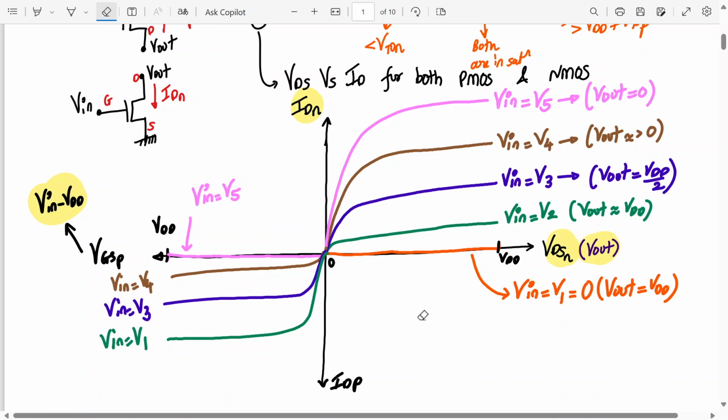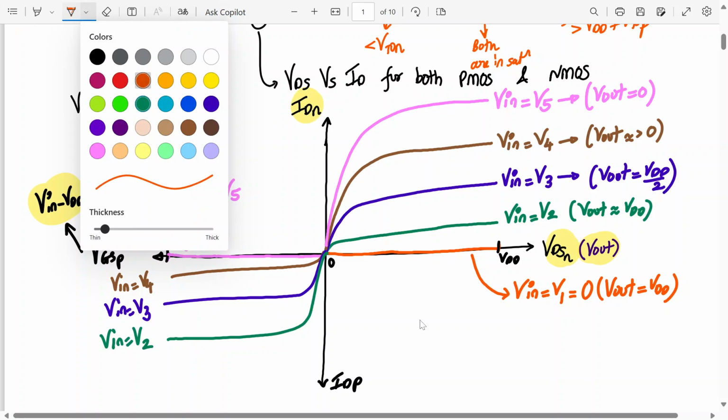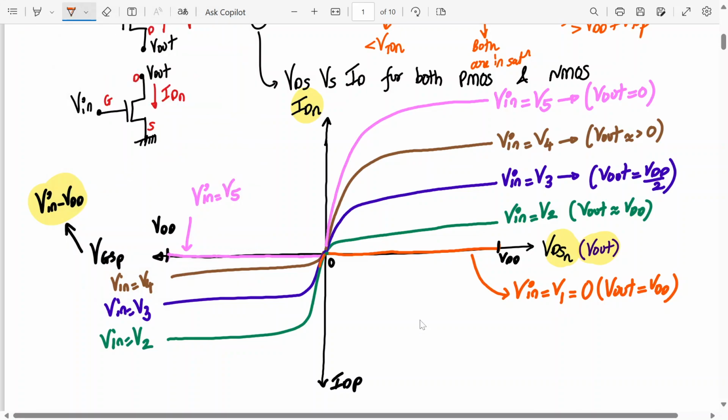Here it is V5, so V3, this is V2. And finally, what was on the x-axis there? It is the maximum current here. So this is V in equal to V1.